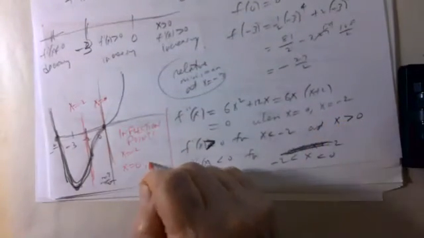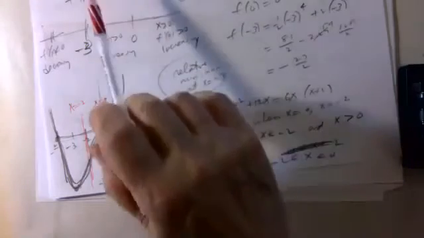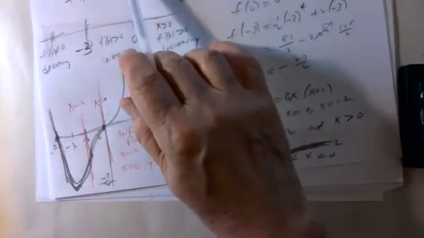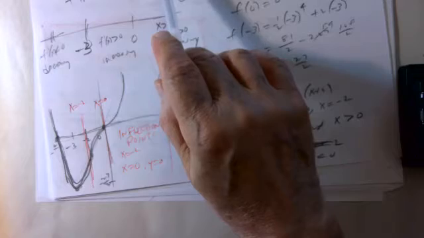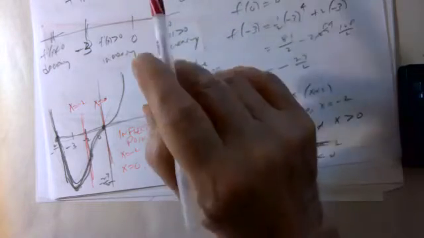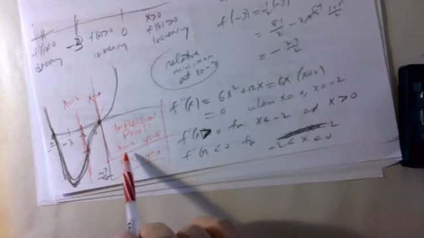When x is 0, y is 0. When x is -2, if you evaluate the function at -2, this is 8 minus 16, you get -8. So the coordinates of the inflection points are (0, 0) and (-2, -8).